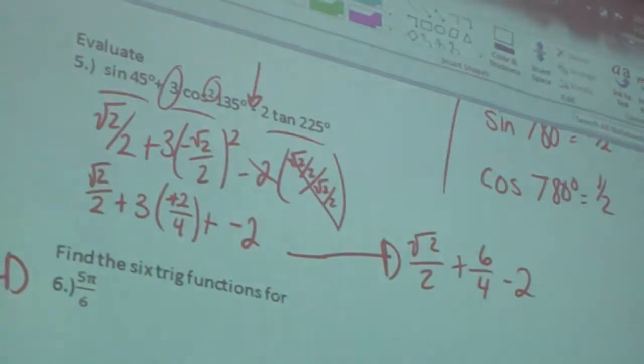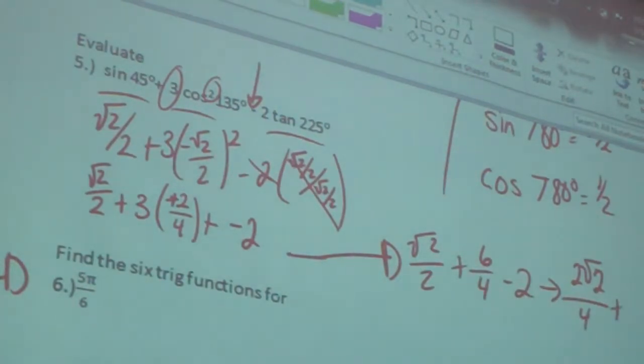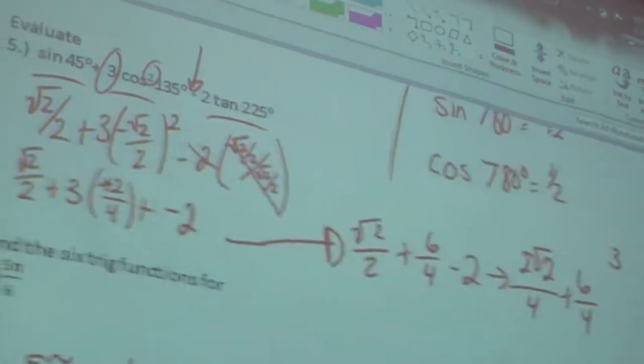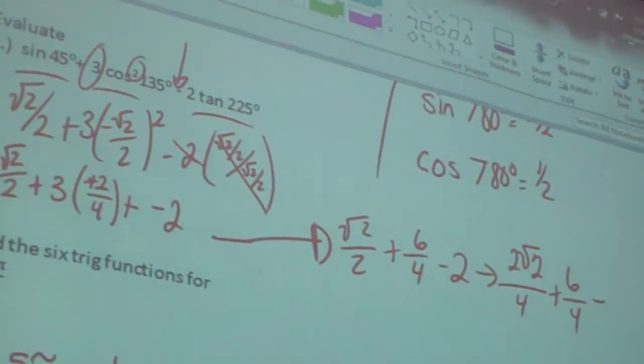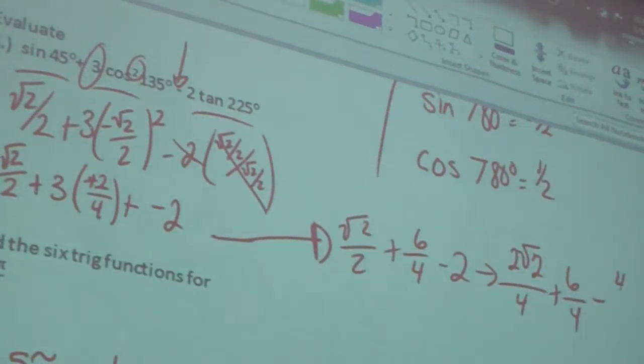Adding fractions, you need a what? A denominator. What's the denominator? 4. So 2 square root of 2 over 4 plus 6 over 4 minus 2. Why is it 4 when those are both divisible by 2? You're right, yes.